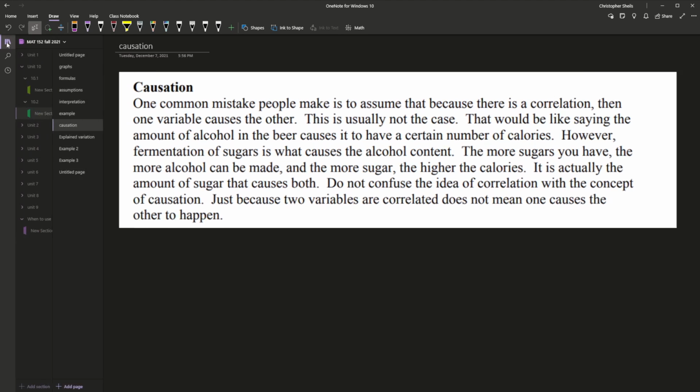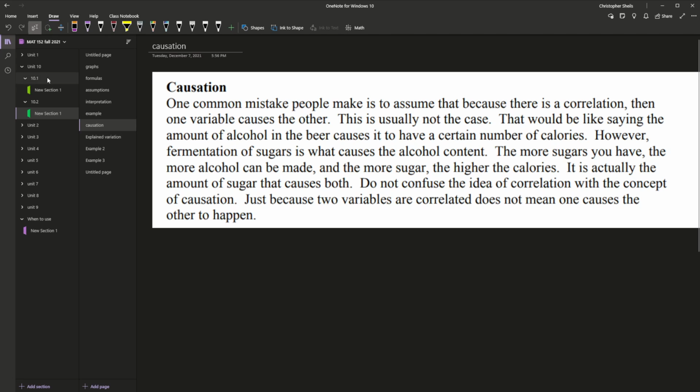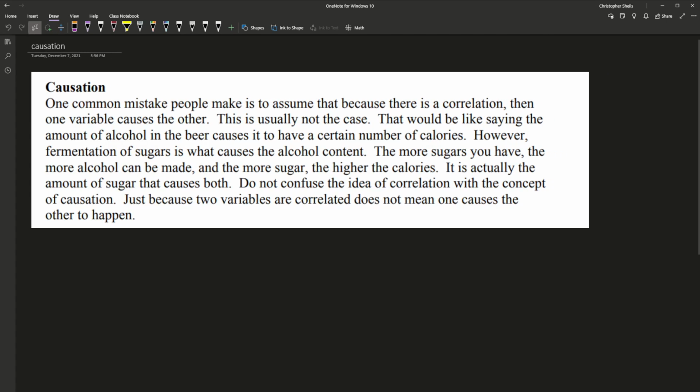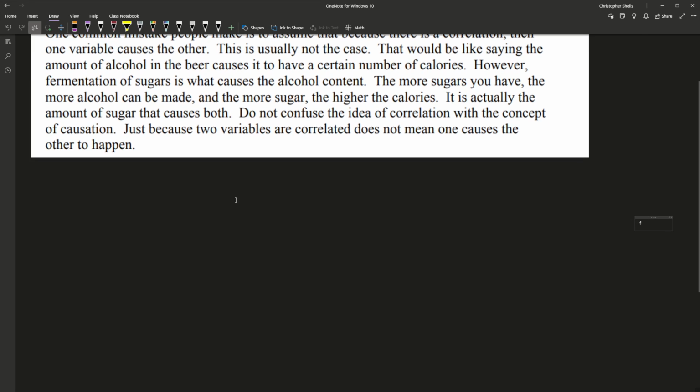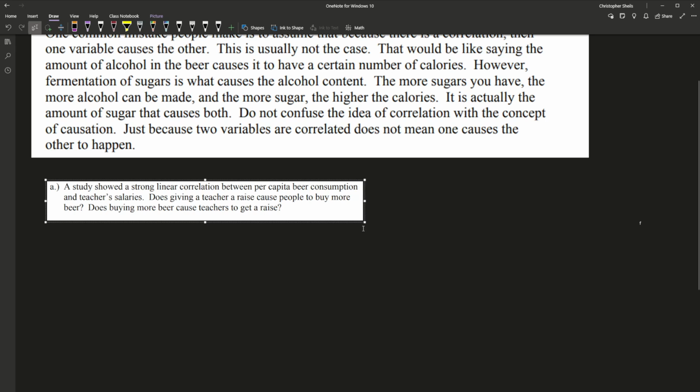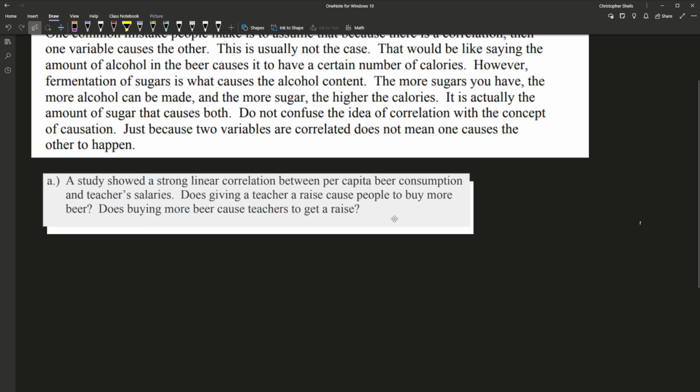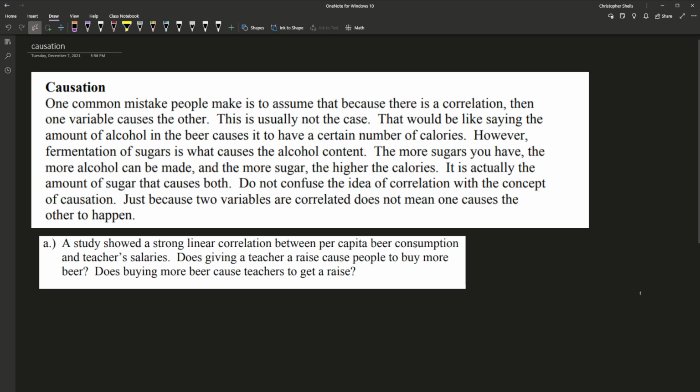Let's look at some examples. A study showed a strong linear correlation between per capita beer consumption and teachers' salaries. Does giving a teacher a raise cause people to buy more beer?